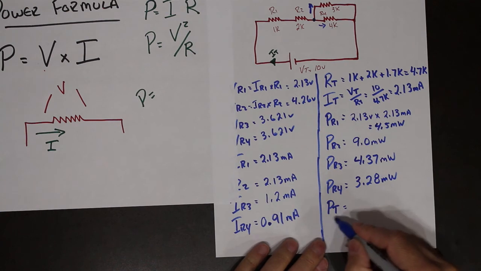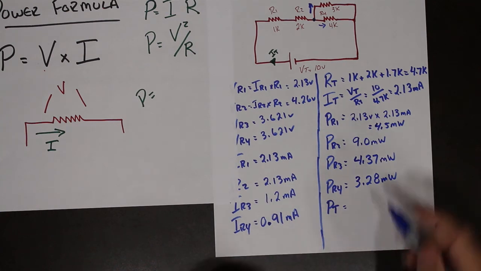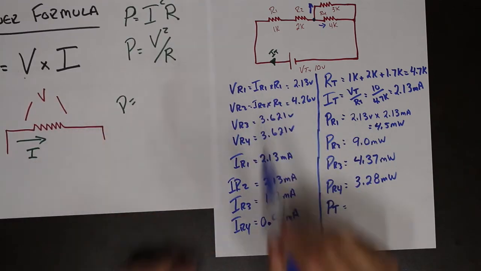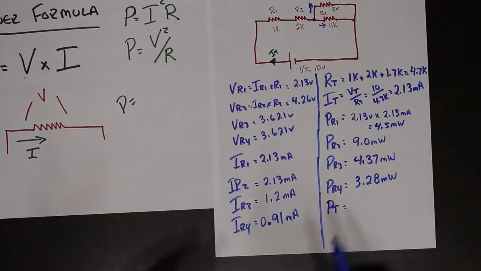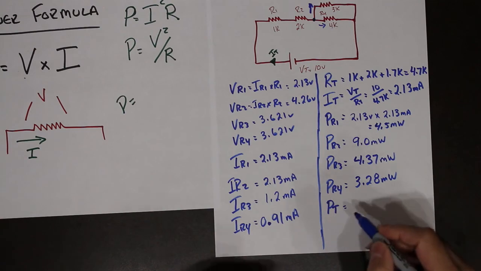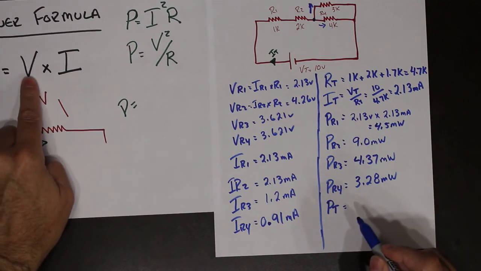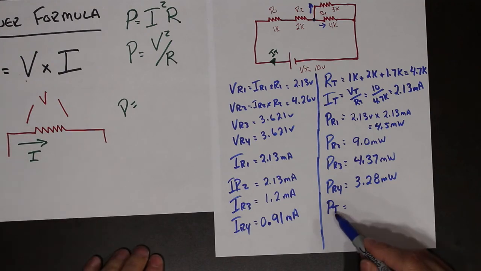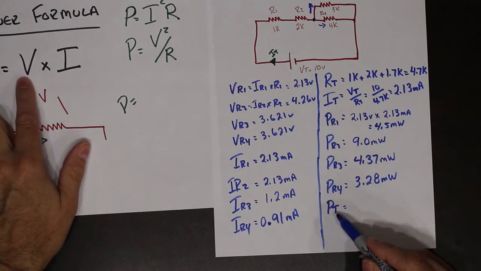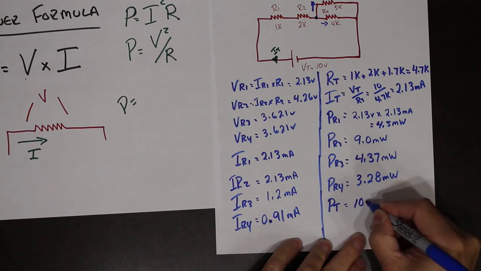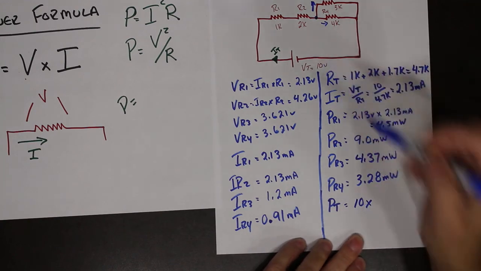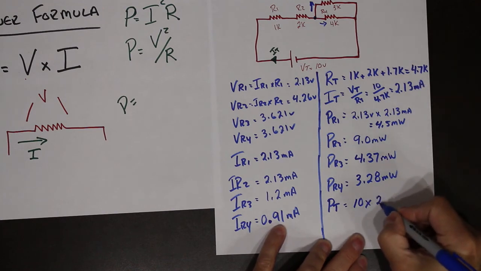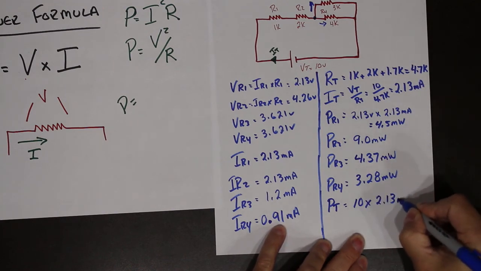Now, power total. Those were the individuals, so I used the individual values. For power total, I'm going to use the total values. So let's use this formula. Again, I could use any formula that I want. I'm going to use this one. So this becomes 10 times, 10 is the total voltage, my total current is 2.13 milliamps.